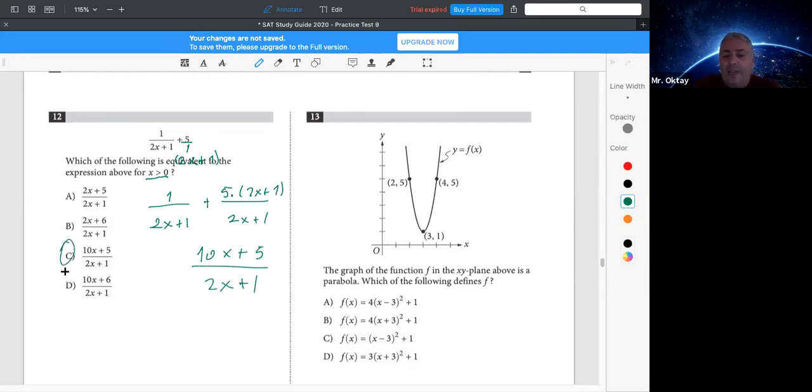That's it. Or you can use this way: a over b plus c is equal to directly c times b plus a. I mean directly 5 times this plus 1.